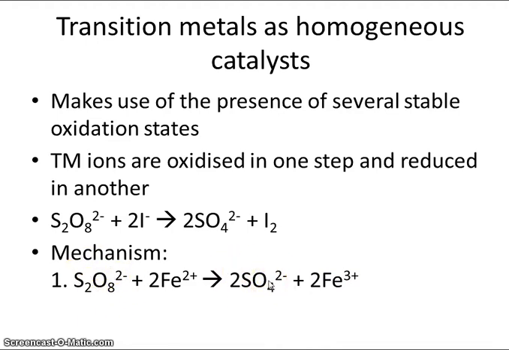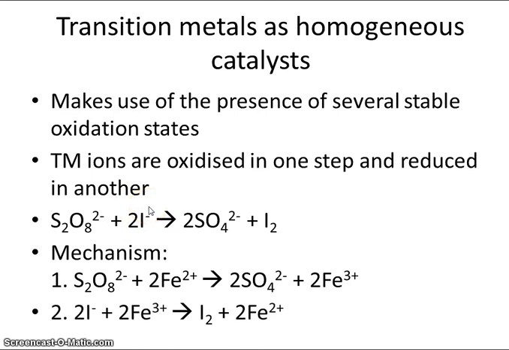If you're not sure about the idea of reduction and oxidation, you might like to pause the video now and just check that you can work out the oxidation numbers of the sulfur atoms in the peroxodisulfate and the sulfate ion here, and check that you can see that they are indeed reduced. So the peroxodisulfate is reduced to sulfate in that first step, and then in the second step, the Fe3+ produced at the end of the first step as an intermediate now acts as an oxidizing agent to oxidize the other substance in the reaction, in this case the iodide ions.